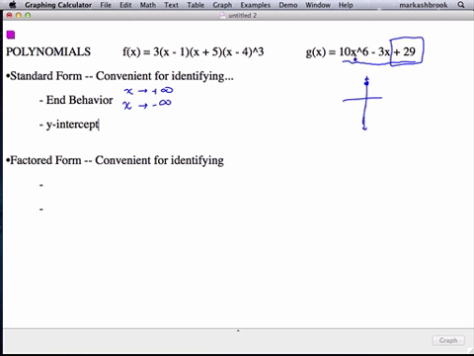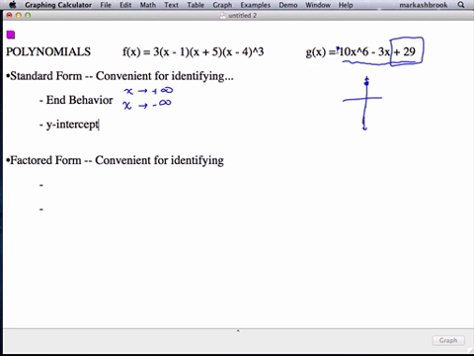The leading term has the most x's. So if x is a trillion, then if you multiply a trillion together 6 times, that's going to be at least a trillion times greater than every other term, because it has the most times that we're multiplying that big number together. So when x is very large, everything else is like 0 compared to it.